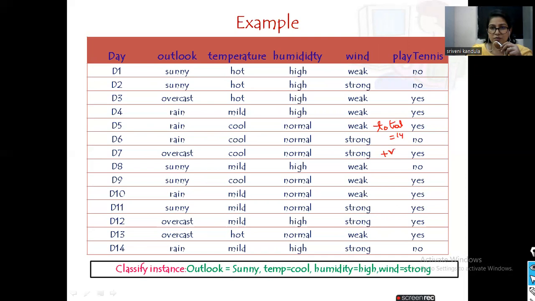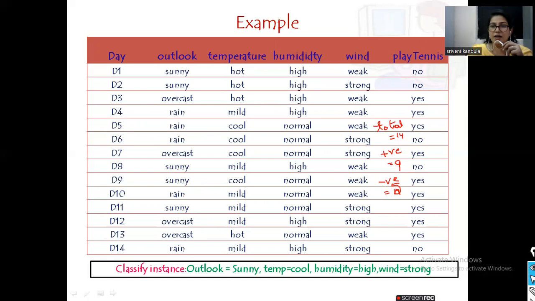Out of this, positive instances are the ones with yes: 1, 2, 3, 4, 5, 6, 7, 8, 9. 9 positive instances are there. Negative instances are the ones with no. How many are there? 5 are there. So out of 14, 9 positive instances and 5 negative instances are there.